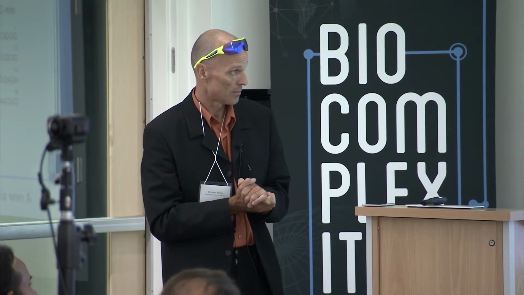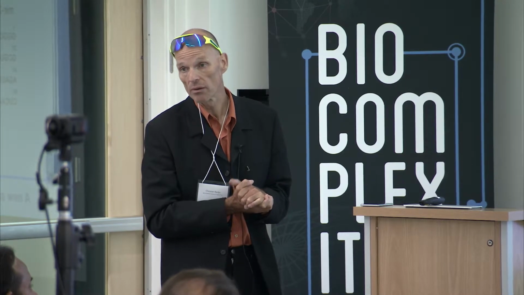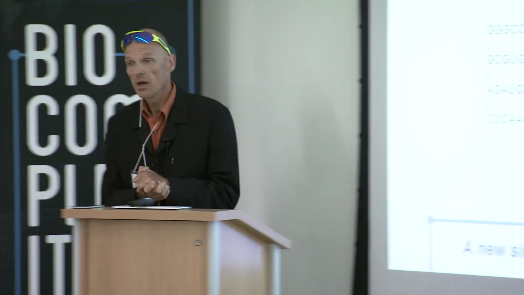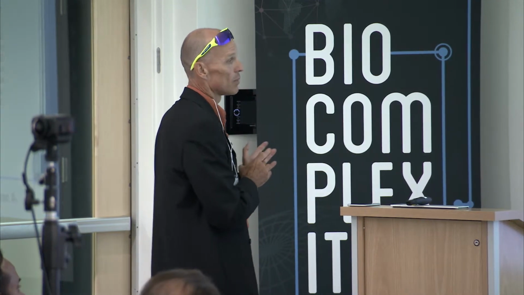So for conceptual purposes, I want to stick with non-coding RNA. And I want to remark that in order to understand the non-coding RNA, it is actually quite important to have the fact that you have RNA structures.